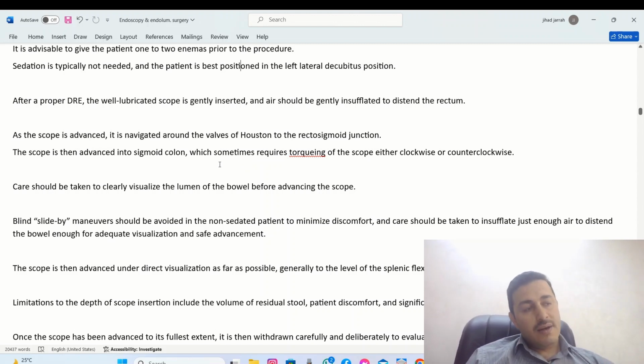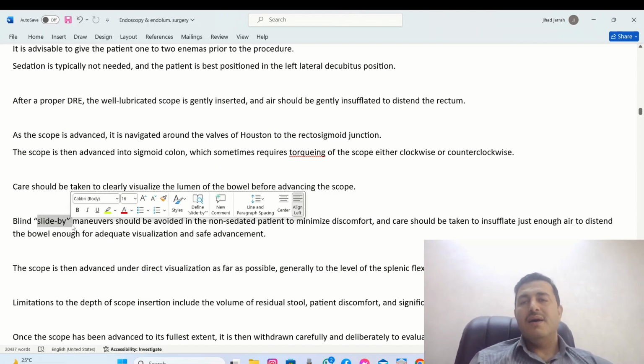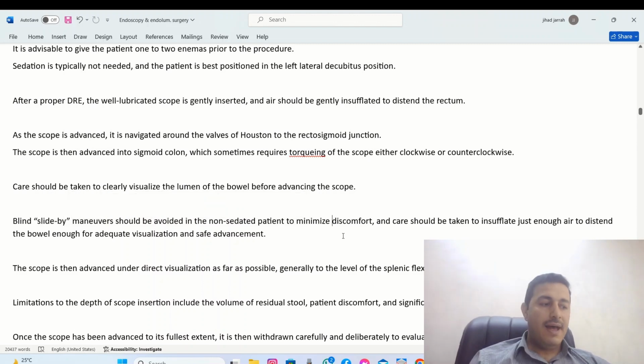Okay. We said that in the rectosigmoid junction we can use the slide by technique, but be careful, especially that these patients are not sedated, so discomfort can happen with the slide by maneuver.